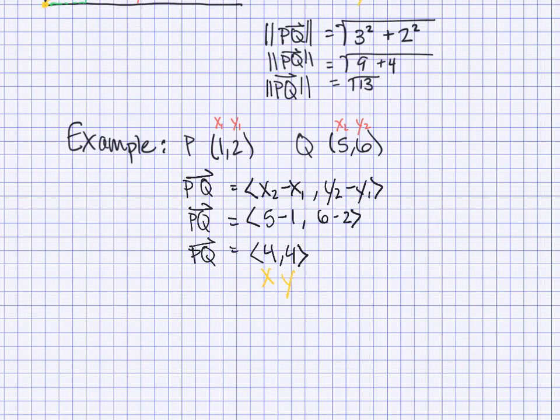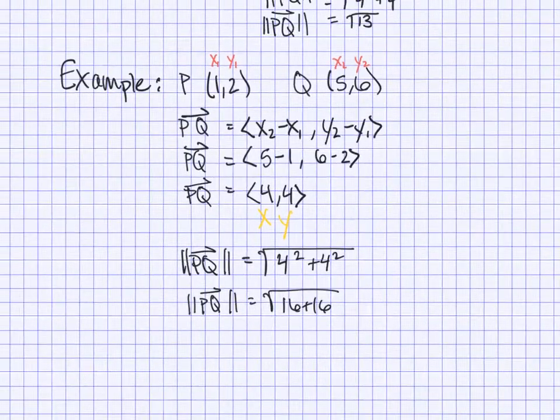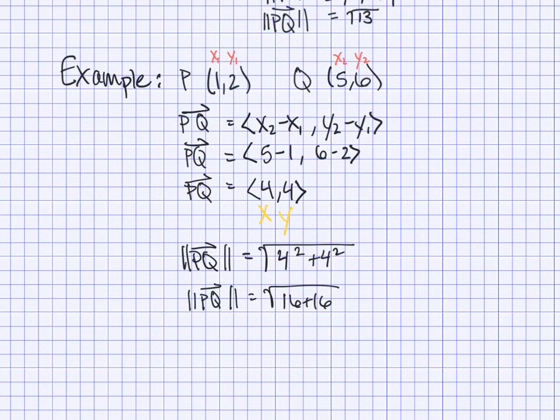So we can say that c squared is equal to 4 squared plus 4 squared, or that the magnitude of vector PQ is the square root of 4 squared plus 4 squared, or the square root of 16 plus 16, or that the complete magnitude is the square root of 32.